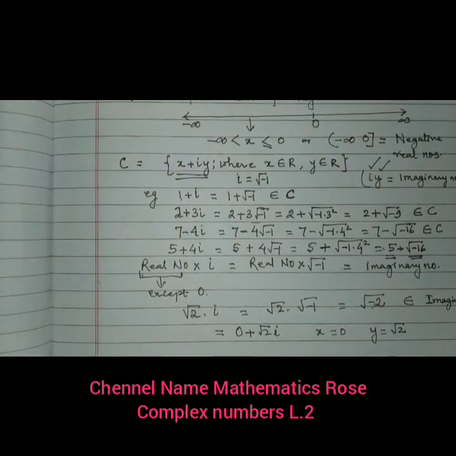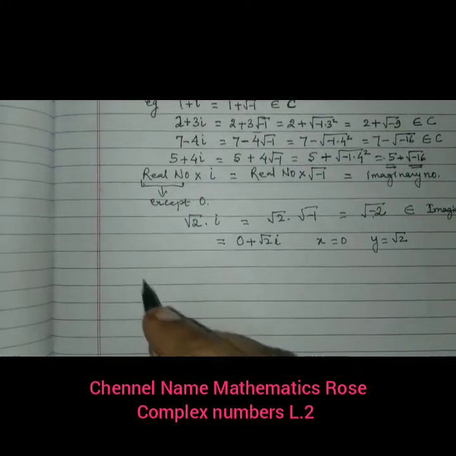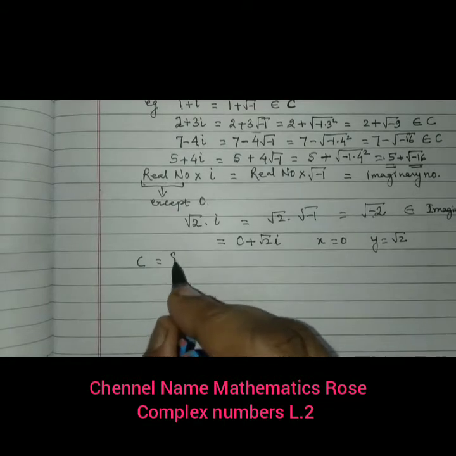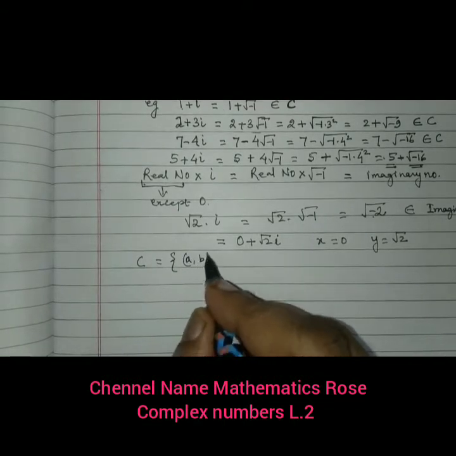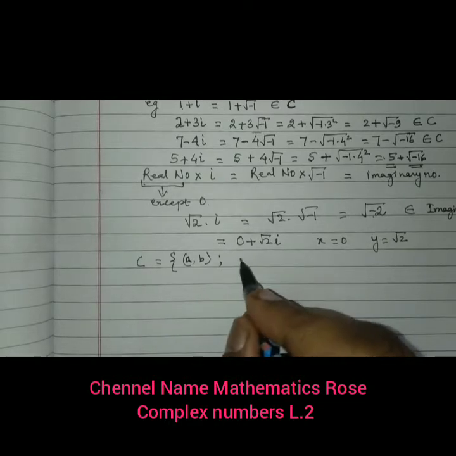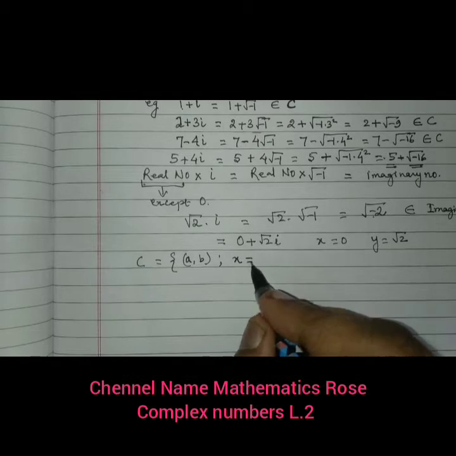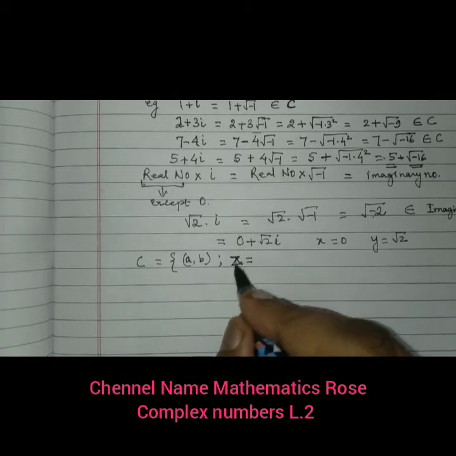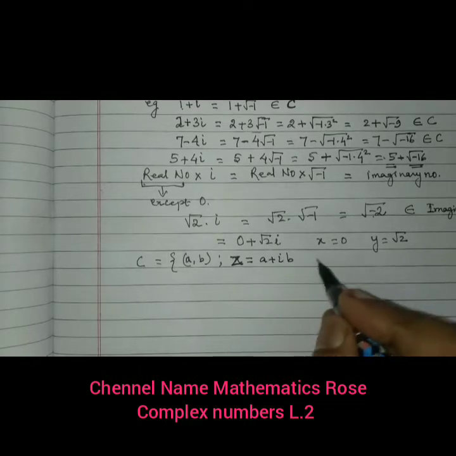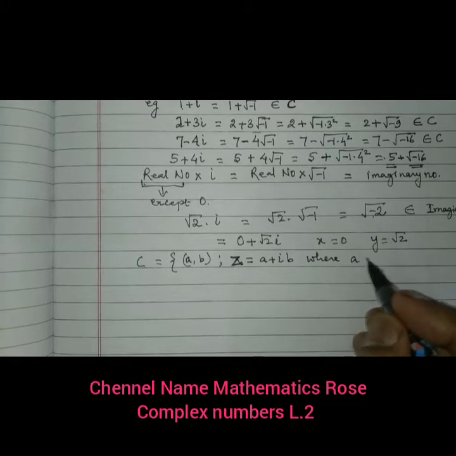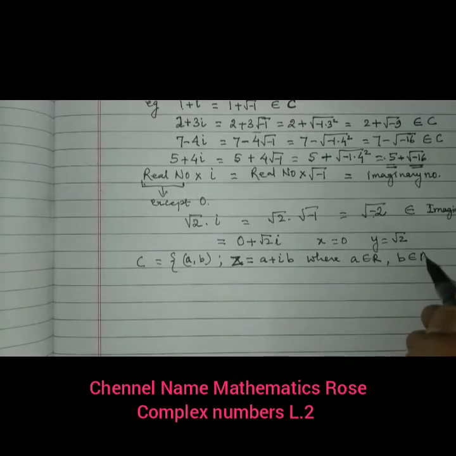We can also define a complex number as a pair of two real numbers a and b, such that z is equal to a plus ib, where a belongs to real numbers as well as b belongs to real numbers.